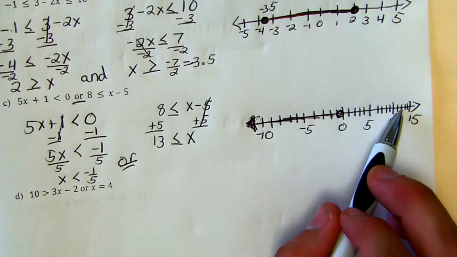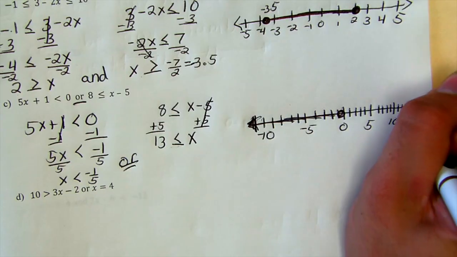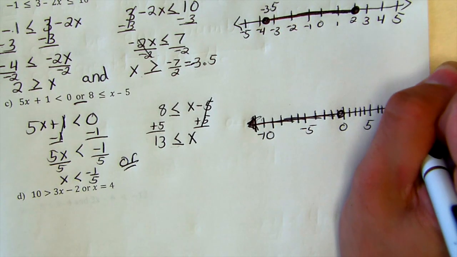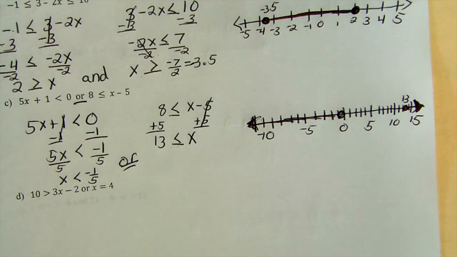So I go over here, and I have 10, 11, 12, 13. And at 13, we have equality, so again, above it, I could write that at 13. And at x is greater than or equal to 13, I can go to the right. And then there's my graph.